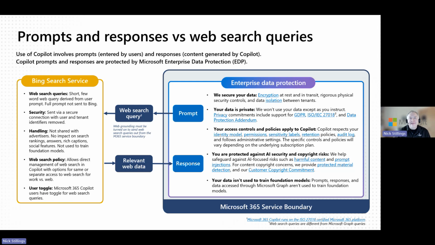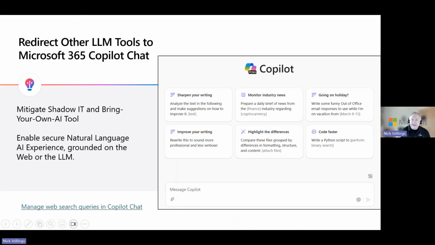However, people were always angry at their Exchange server admins because their file attachment size was like 5 megs or something. So if you don't give users a way to do something, they want to do their job, they will work around it. So using Copilot Chat is just a nice way to mitigate that tendency to have shadow IT or bring your own AI tool.